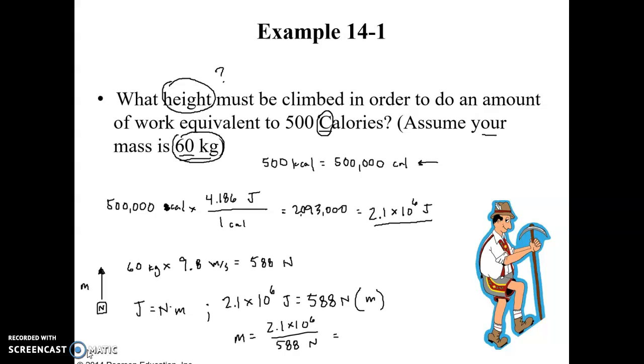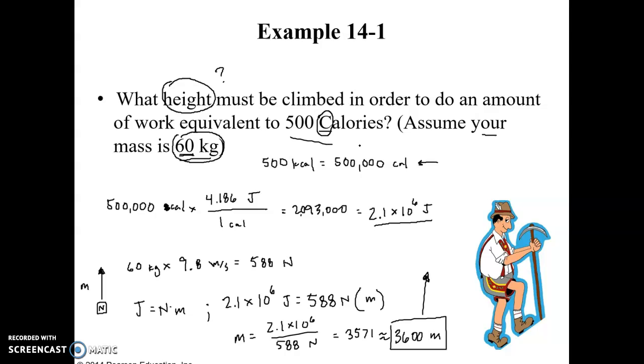And so that's equal to 3,571 meters, or again, if we're going to take this to two significant figures, that's approximately 3,600 meters is how far up we've got to go in order to do work that is equivalent to 500 kilocalories.